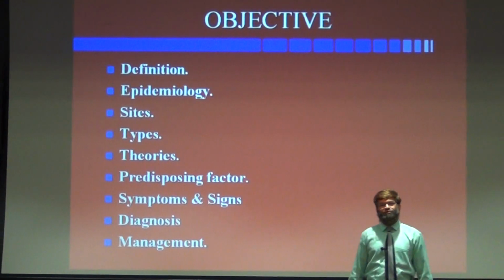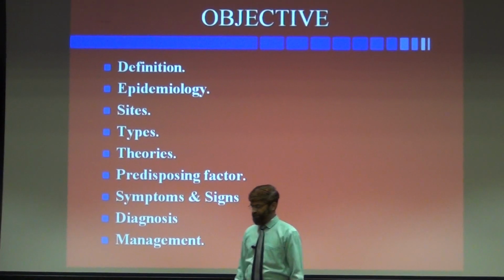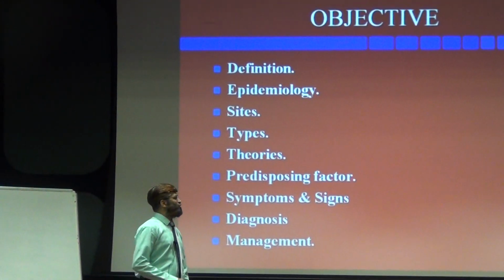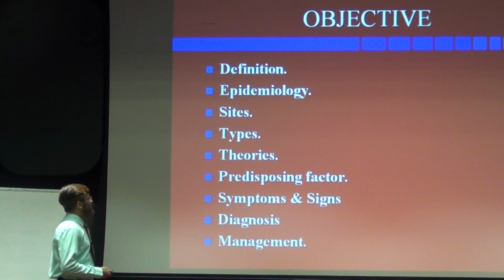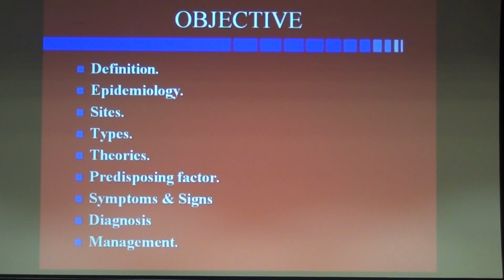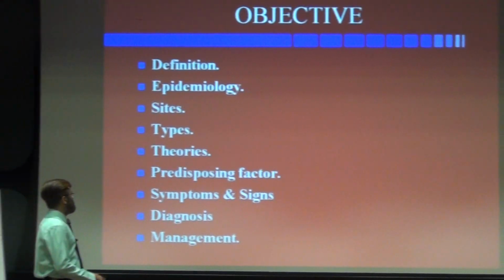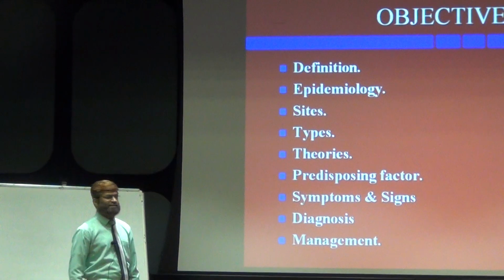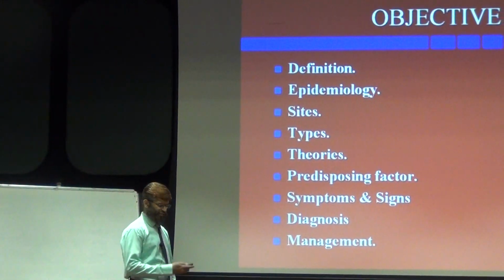Because the exact cause of endometriosis is not known, there are a few hypotheses and theories, so we'll talk about those theories, the predisposing factors, the clinical features on the basis of which we'll make our diagnosis, so symptoms and signs, the diagnosis of endometriosis and management for endometriosis.